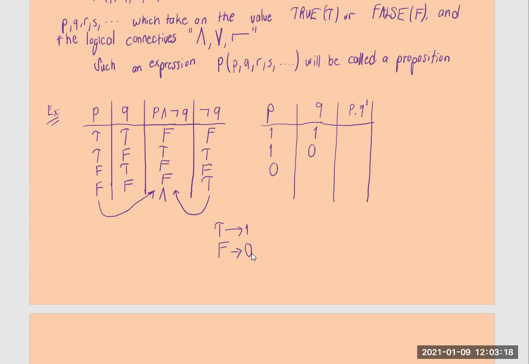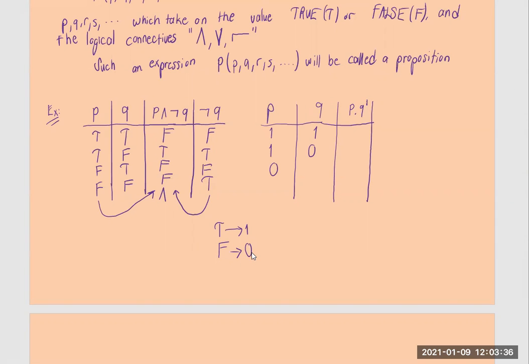Okay, you can use that notation for this example. We wrote true, true, true, false, false, true, false, false. Instead of true, we can write 1, and instead of false, we can use 0.